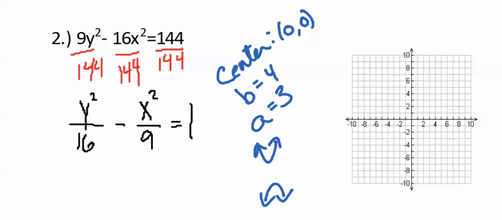So we're going to start with the center, and we're going to create the center at 0, 0, and we're going to count up 4, 1, 2, 3, 4, because that's B, and down 4, and then left 3, right 3, and that's just going to create a box for us to follow to create our asymptotes. So you're just going to take a ruler, or your ID, and create the asymptotes.